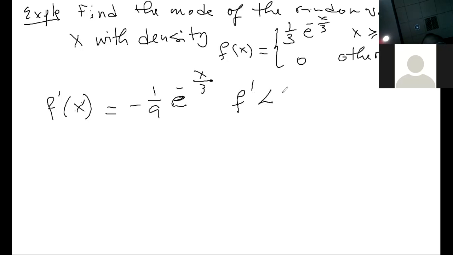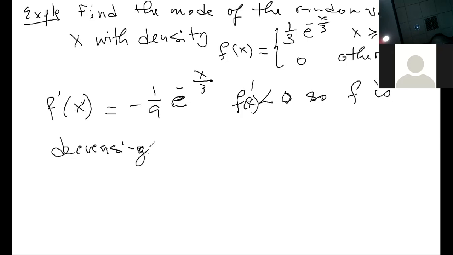F prime is less than 0. So f is a decreasing function. So the least value of x is the mode.